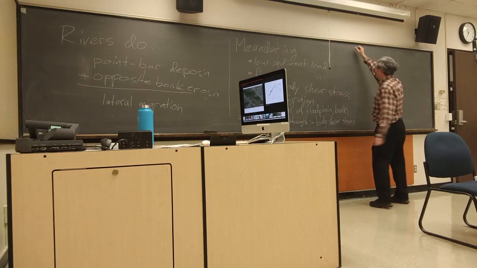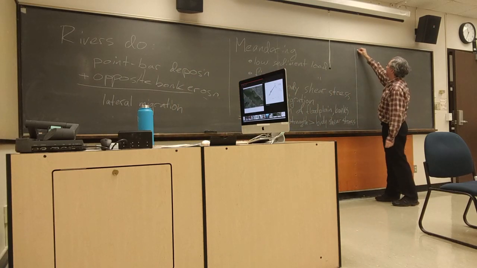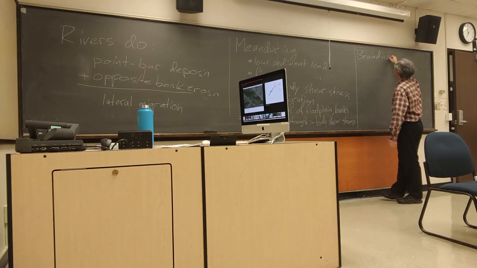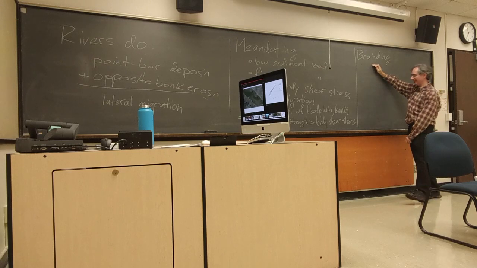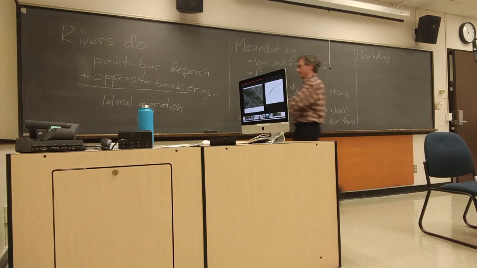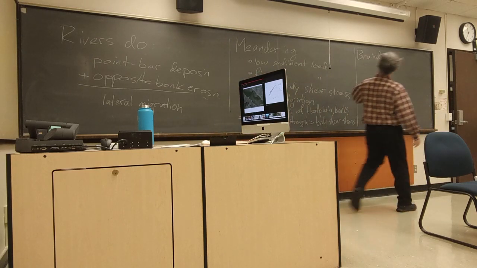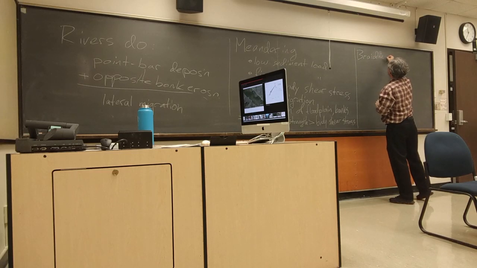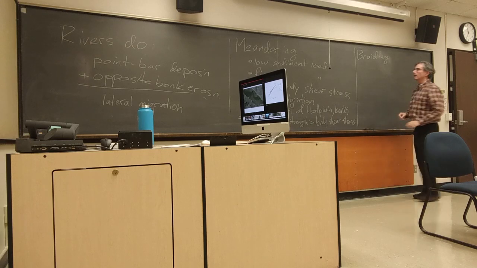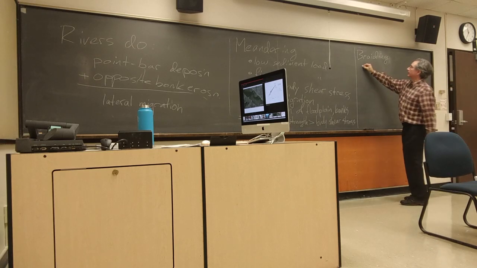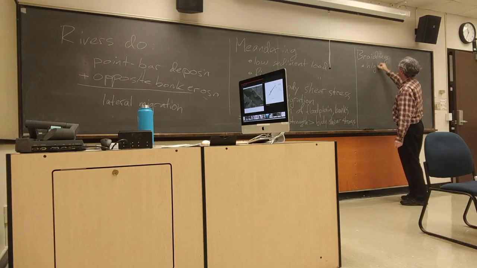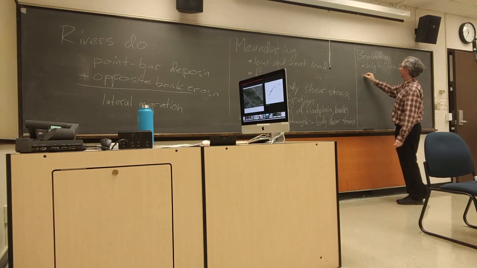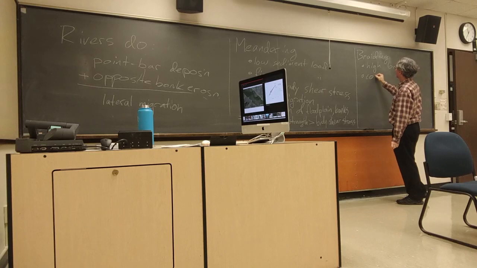So, on the other side here, we've got braiding. We're going to have a high sediment load, large, and it's going to be relatively coarse.